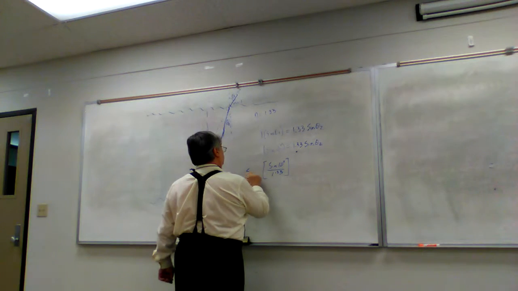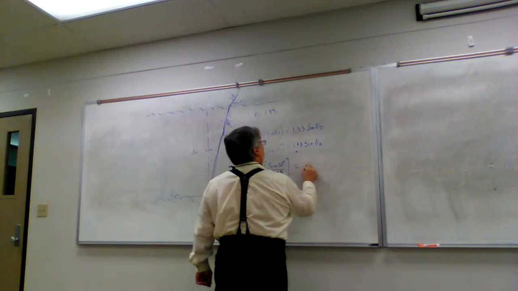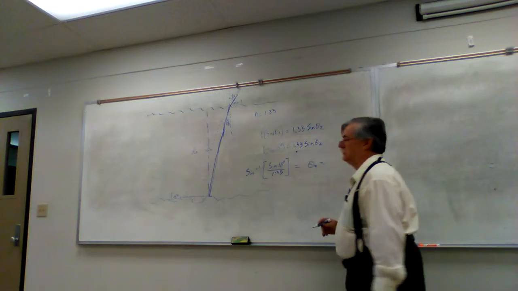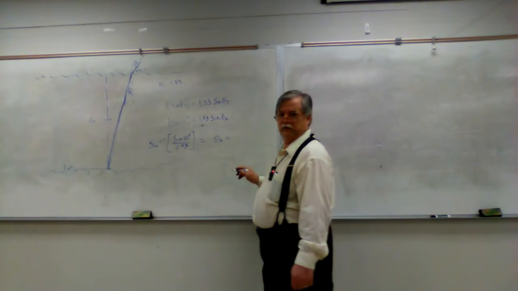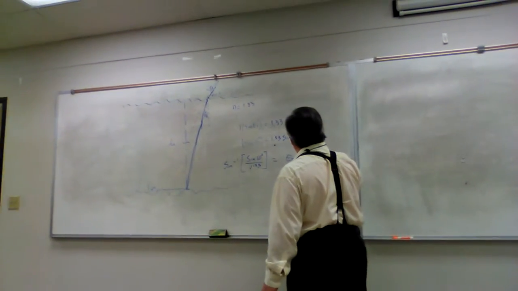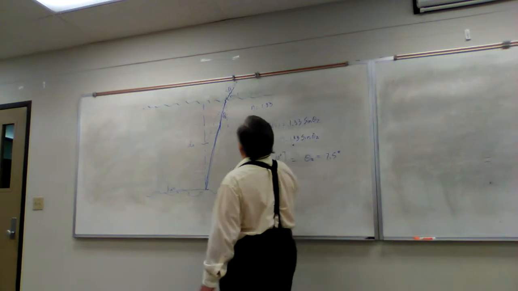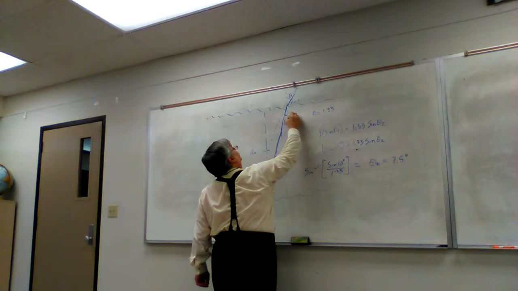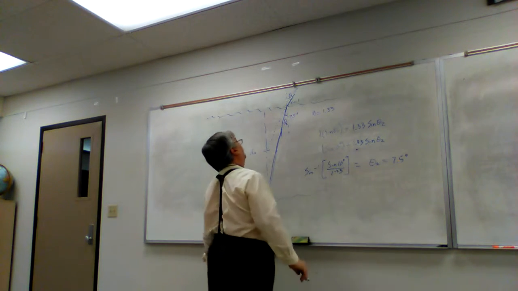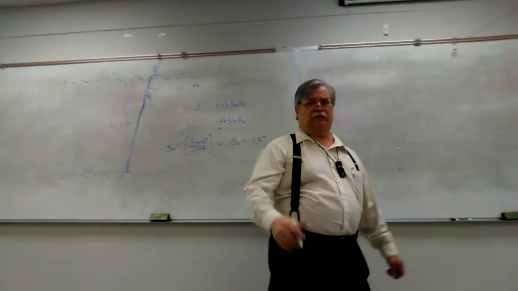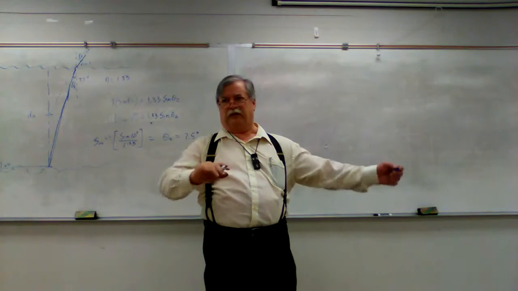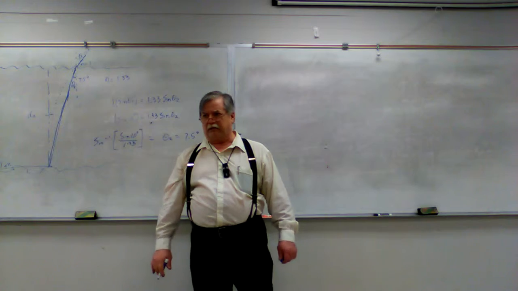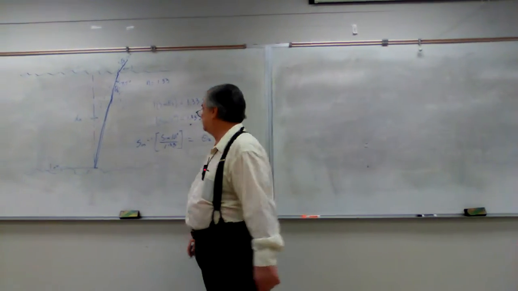And then take the inverse sine of it. 7.5 degrees. So if this was 10 degrees, this is only 7.5 degrees. That's actually 3/4, which is what they got with their small angle approximations, but I don't want to go through having to explain why that works.